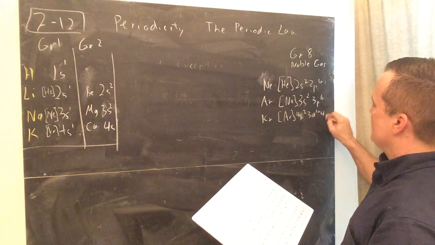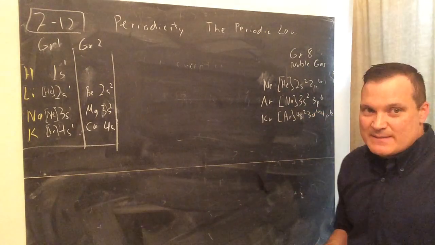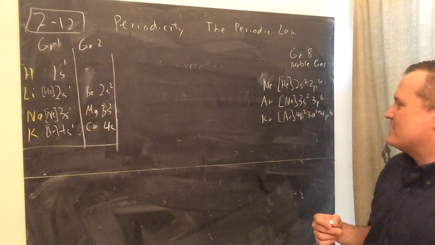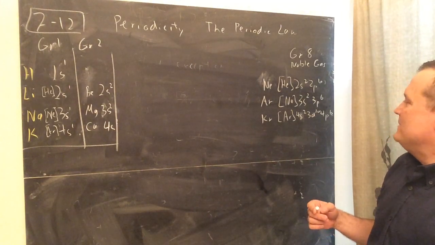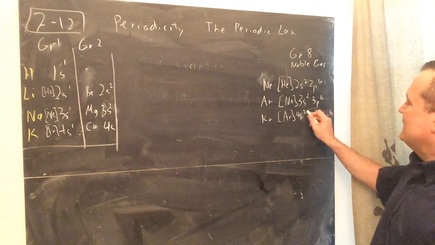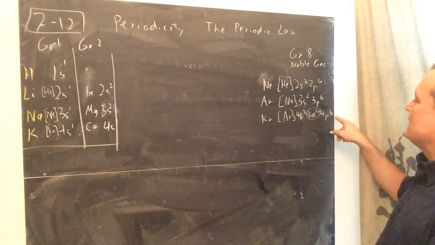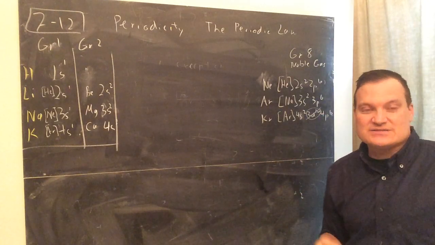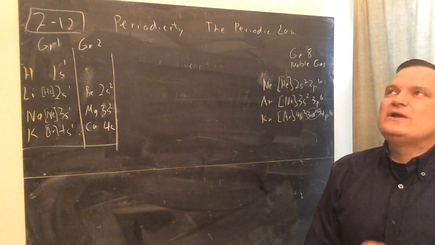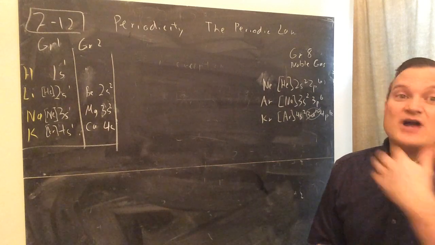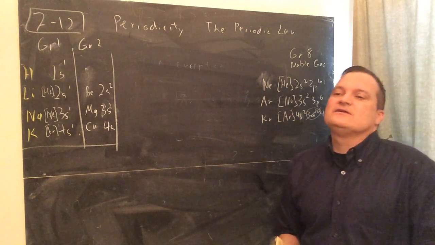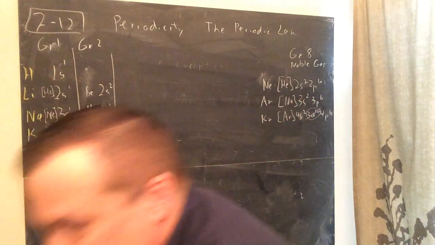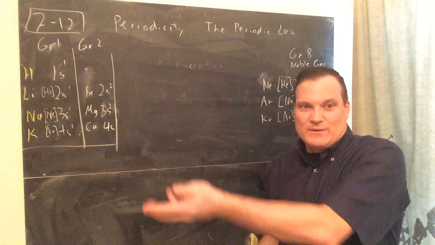3d10, 4p6. Now, do you remember I told you some lessons back that the 3d10, even though that's part of the short form electron configuration of krypton, we don't count those as valence electrons? Why do we not count them? Well, the only thing good about being a valence electron is you're able to leave the atom and go bond with another atom.